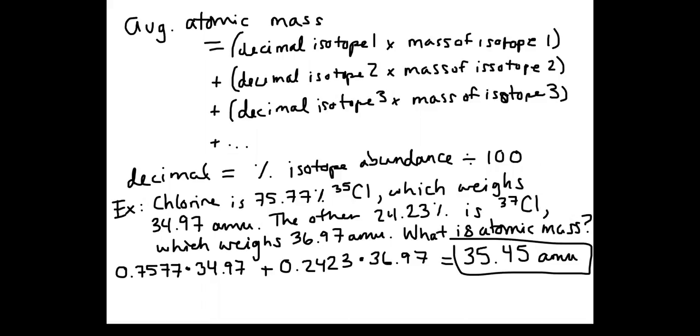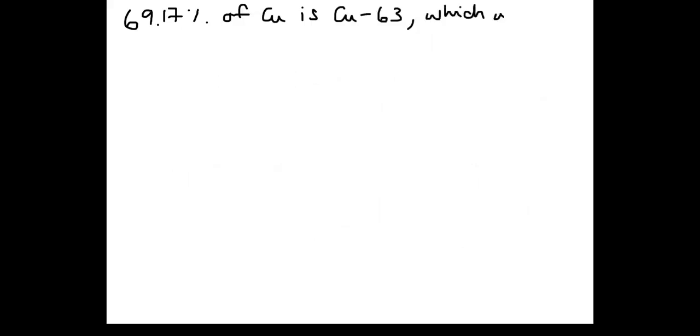Can you do one on your own? Chris and I are here to help. 69.17% of naturally occurring copper is copper 63, which weighs 62.9395 AMU.